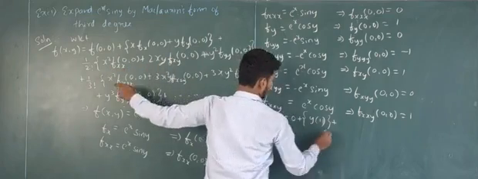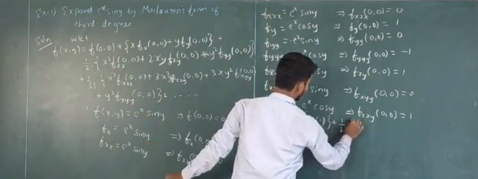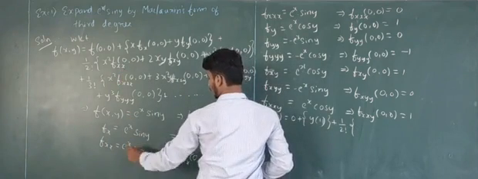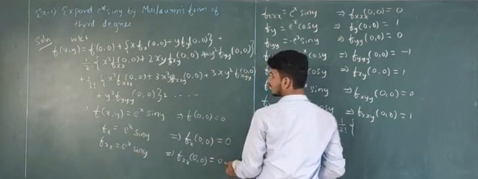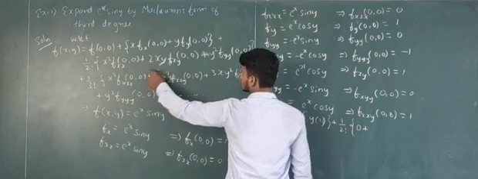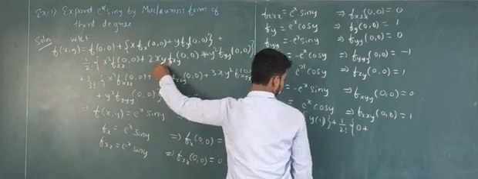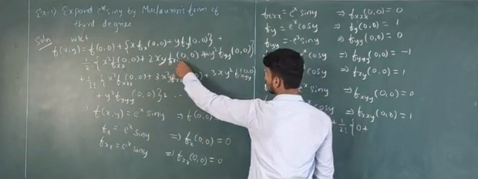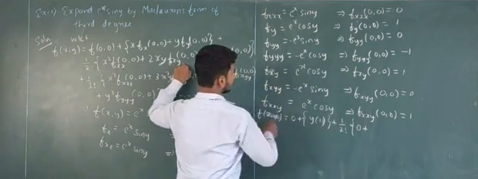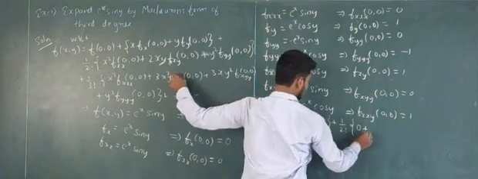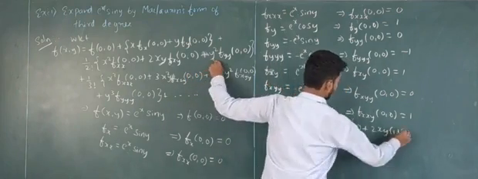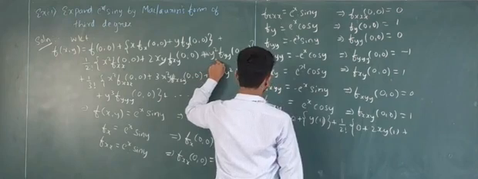Plus 1 by 2 factorial. F 2 times with respect to x is again 0, so this value will be 0. Next plus 2xy, function xy is 1, so we can write 2xy into 1, plus y square.